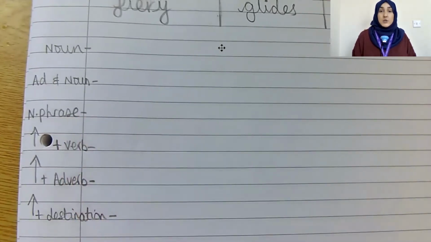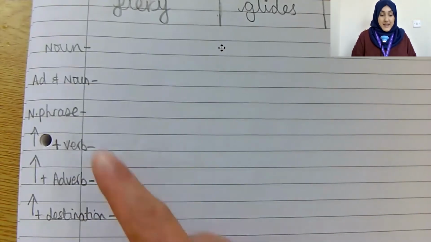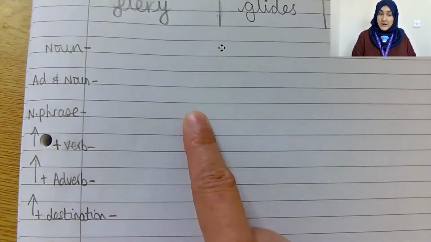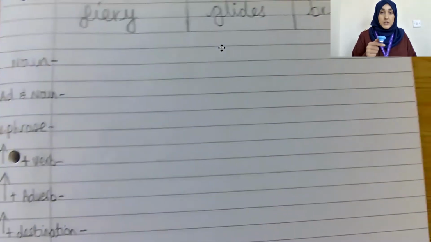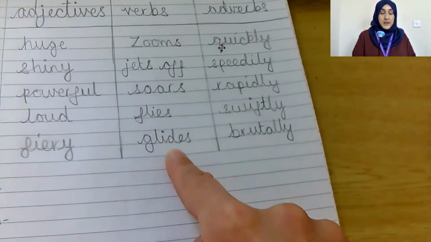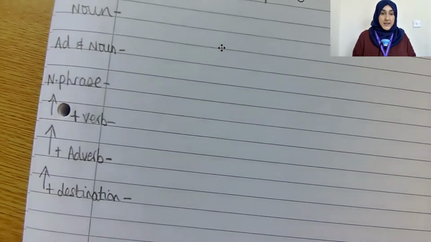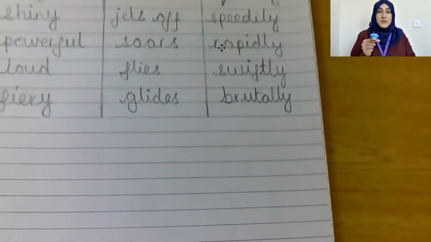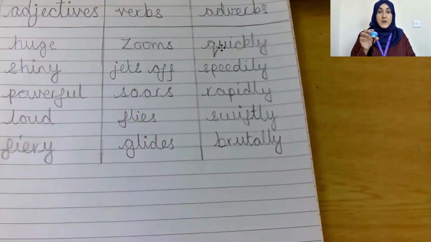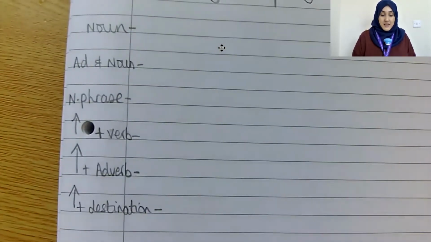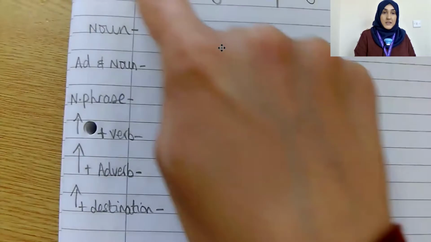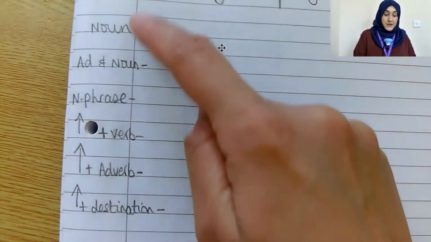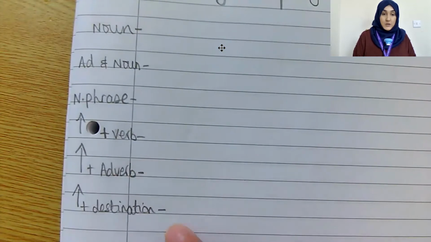And if I'm feeling super brave, I'm even going to do an expanded noun phrase. Next, when I've completed my expanded noun phrase, I'm then going to add my verb, and I'm going to choose a verb from my list over here. Next, I'm going to add on an adverb to describe my verb from the list up here. And very lastly, I am going to do all of the above, all of these 5 steps, but I'm also going to include my destination, so where the rocket is going.